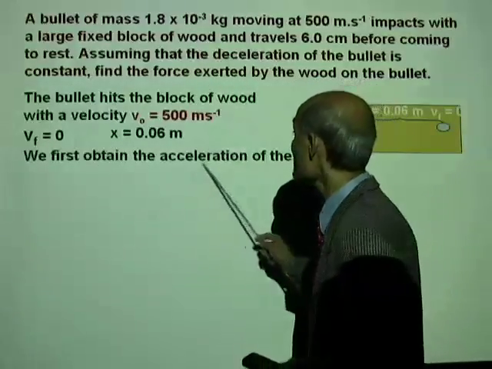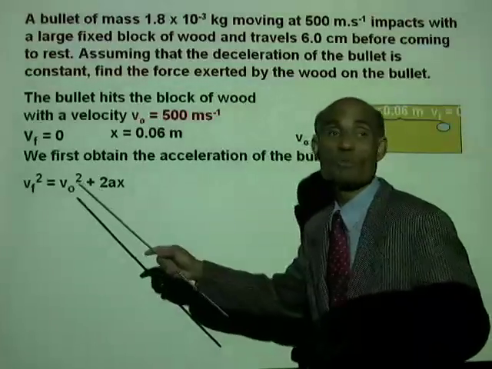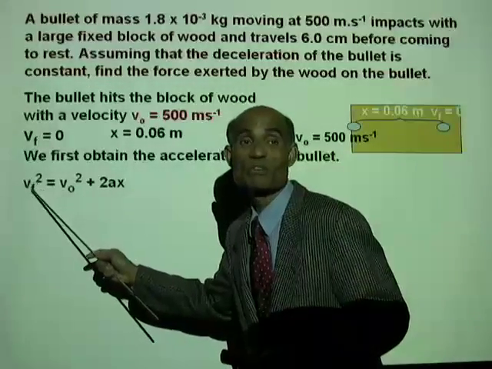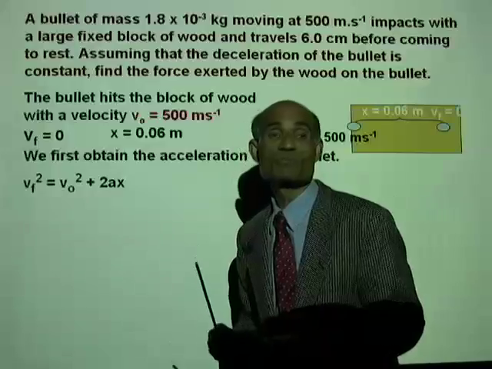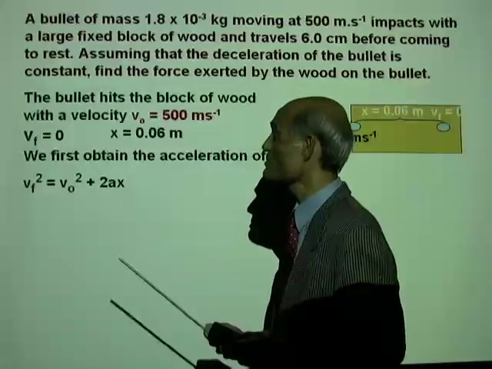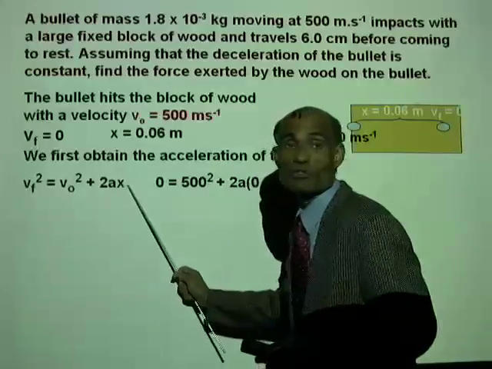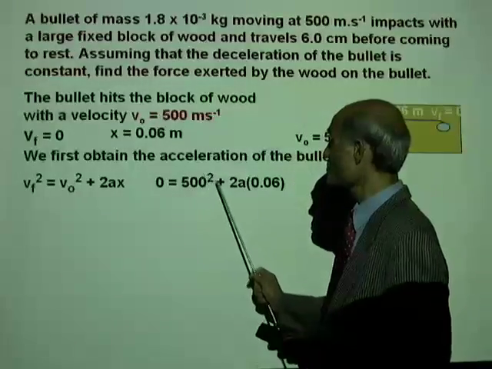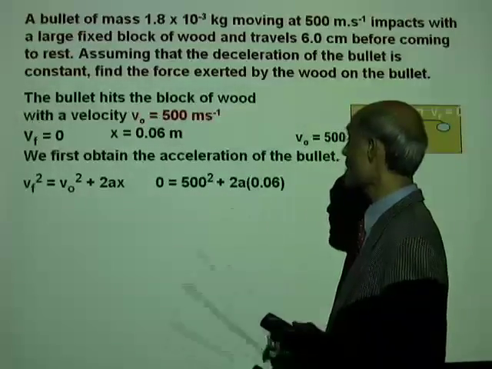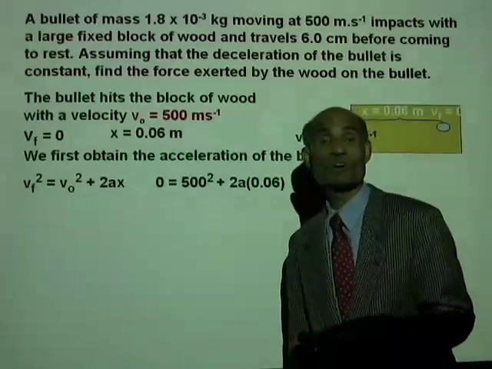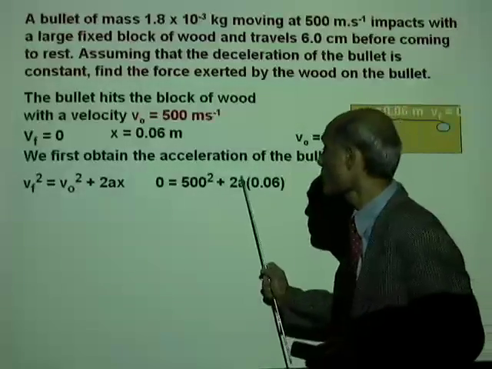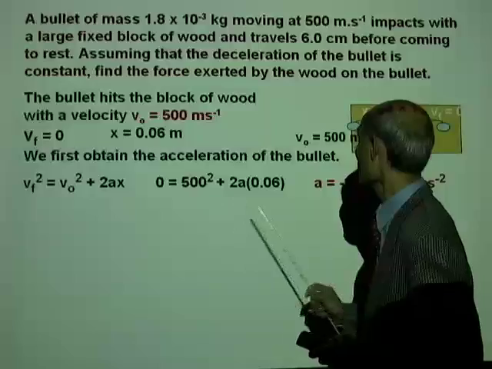So first we obtain the acceleration of the bullet from this equation. Vf squared equal to V0 squared plus 2ax. Vf is 0. 0 equal to 500 squared plus 2a times 0.06. Solve for a from there.